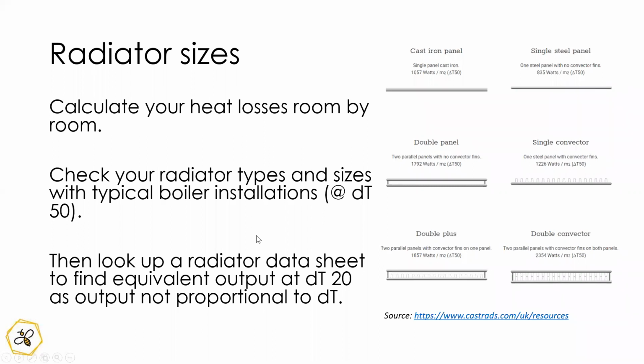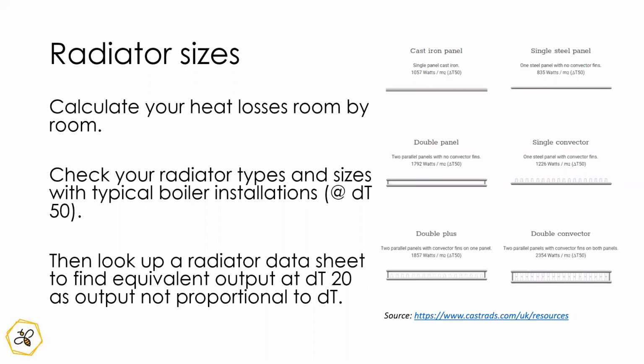You might want to take something off if you've added a few coats of paint to your radiators. Then look up a radiator data sheet. If you know the models of your radiators, that's great, because you can just look it up.